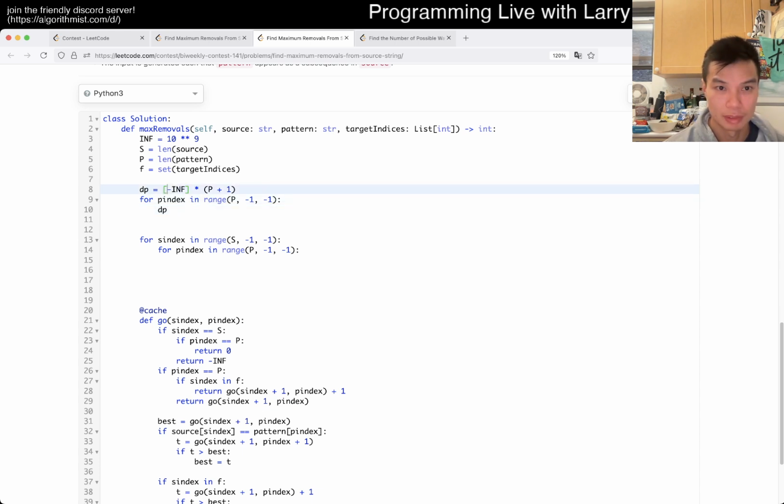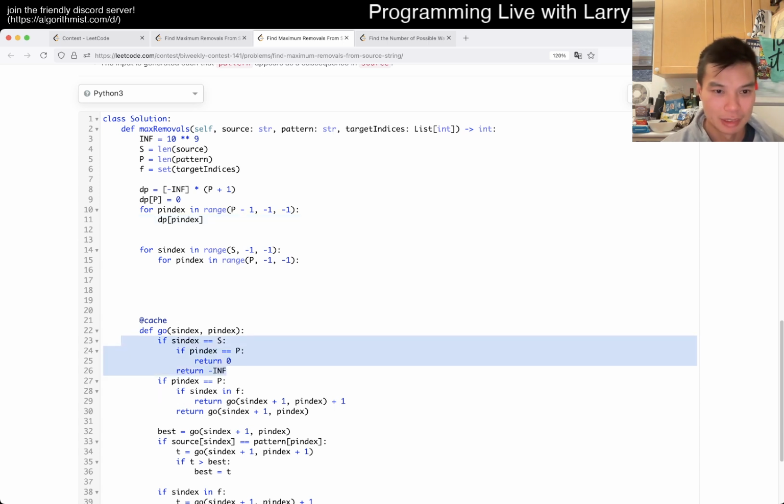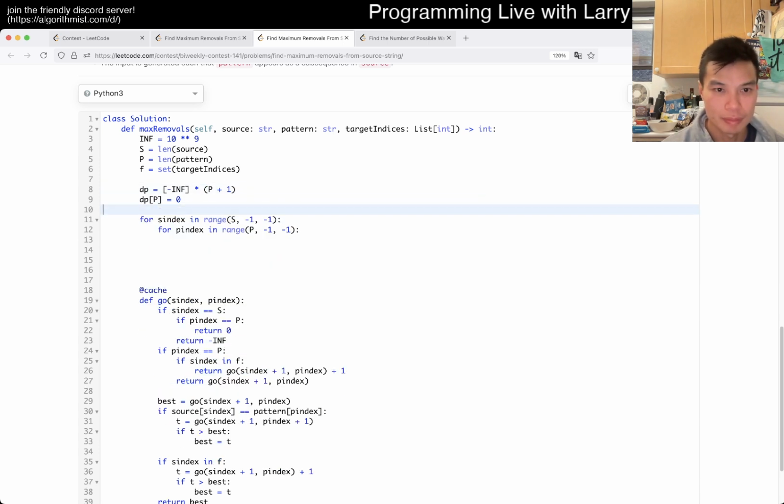Okay, so dp of P is equal to 0, and then now this is going to be P minus 1. dp of P index is, you go to negative infinity. I guess that's what this means. Okay, fine.